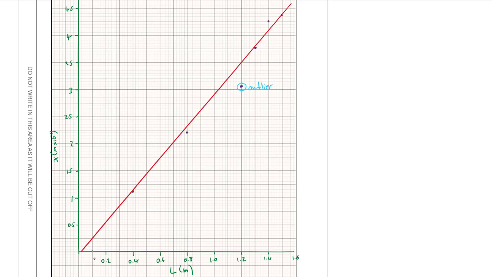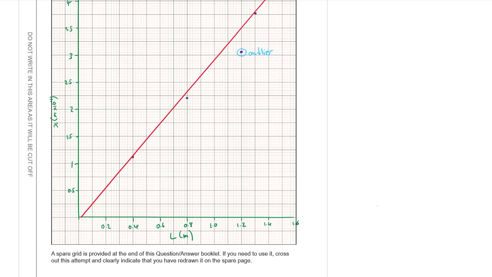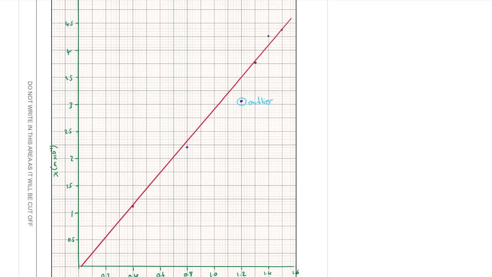I can see that it doesn't go perfectly through the y-intercept, but I never expected it to, so that's all fine. And I'm not including that outlier in my decision. And you can see that there's a region just here where I've got a little bit of a gap, and here I've got a little bit of a gap, and they both go either way. So there's not much I could have done to resolve that. So as far as I'm concerned, that's a pretty good line of best fit.